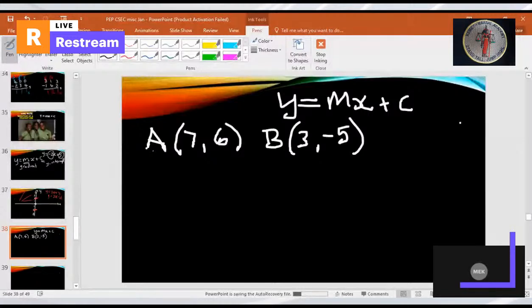Those who were in the class, we looked at the formula for finding the gradient given 2 points. I'm going to write that formula again: y2 minus y1 over x2 minus x1.